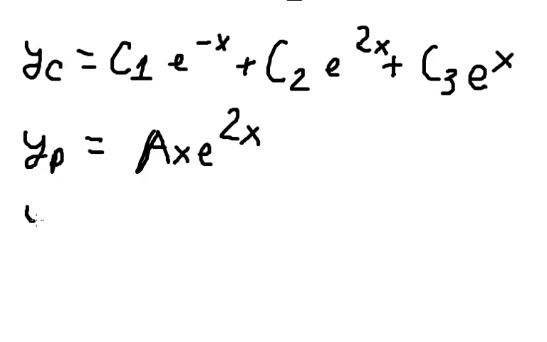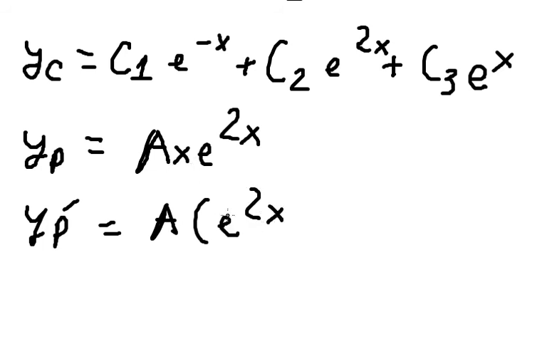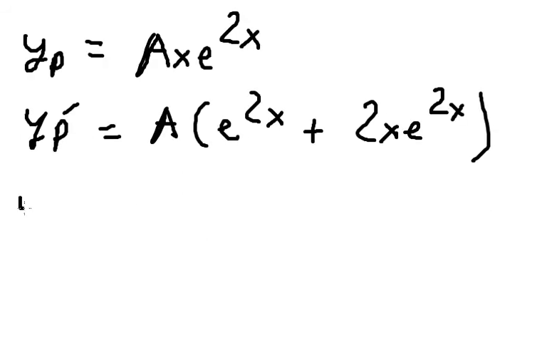Now if we do the first derivative of this one, we do the first derivative of s multiplied by e to the power of 2s. Later we do the first derivative of e to the power of 2s. So we have 2s e to the power of 2s. We do the second derivative.